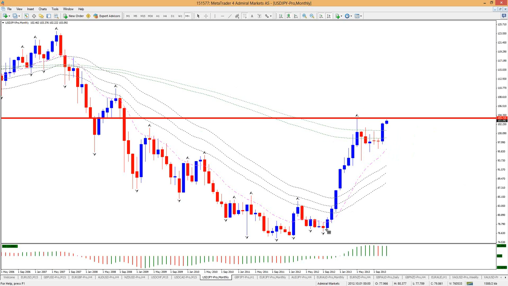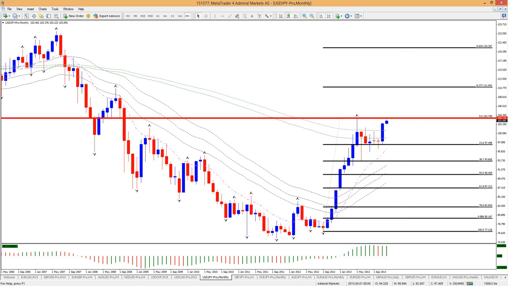If that does happen, the breakout to the upside, then we could put a fib on this impulsive uptrend of earlier this year and even later last year. We can see the currency hit the 38.2, and the target would be the 111 at the minus 272. And later on, maybe even the minus 618 at 120.